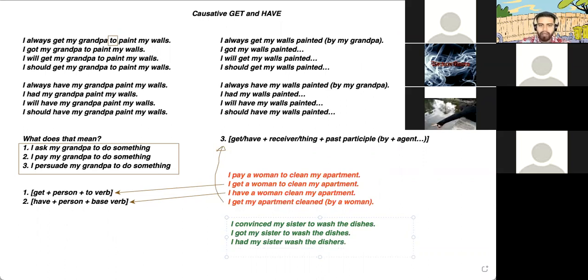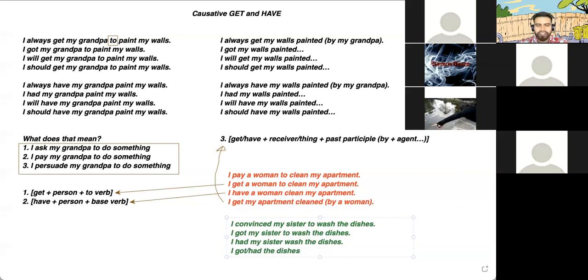Excellent. And Anita, how can I say this with the third formula? I got or had wash the dishes. Hold on, by what? The thing is wash the dishes. The thing is not wash. The thing is the dishes. The dishes washed by my sister.